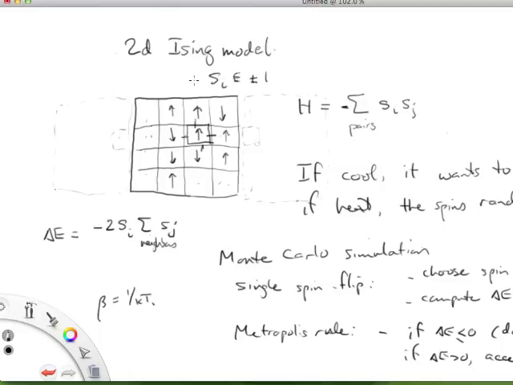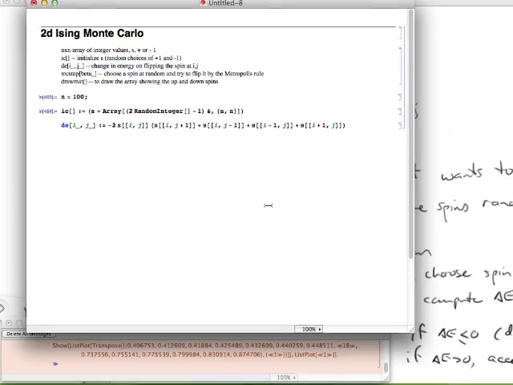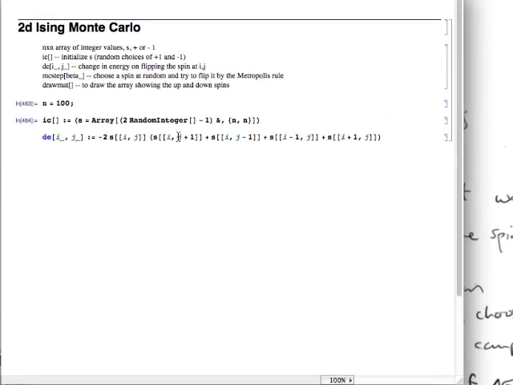Okay? So a way of implementing that is, we would run off the map, you see, if j got to be equal to n here, and then we took j plus 1, what would we do? So there's a nice function called mod, which is the modulo function of integers.